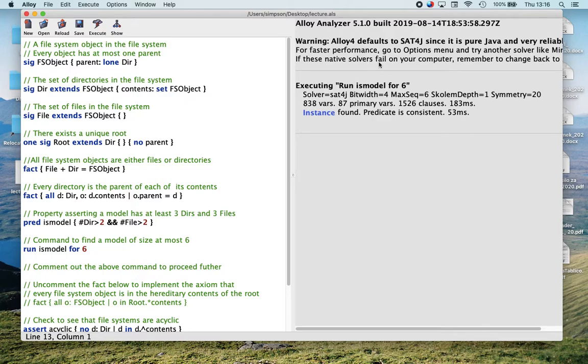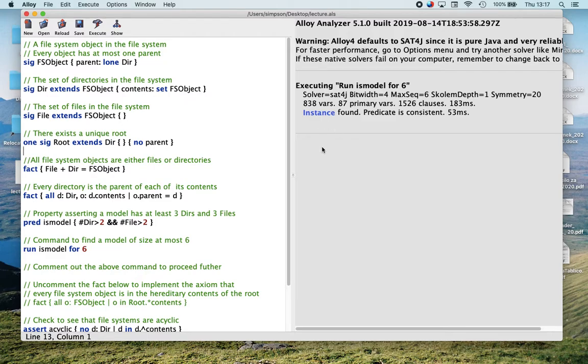And it's telling us that it's running isModel for 6, so it's running the query, and it gives us some statistics about how it translated this to a problem for a SAT solver, and it reduced it to a problem with 838 Boolean variables and 1,526 clauses, and it found a solution in 183 milliseconds, and it's found us an instance.